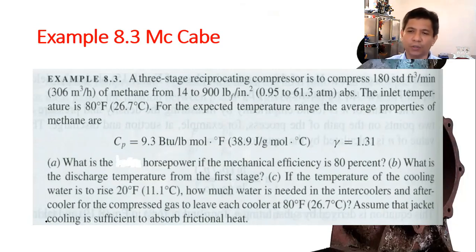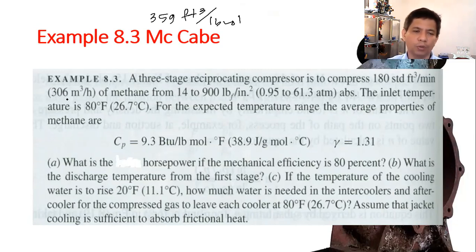And another thing, you can use the 359 cubic foot per pound mole. You can use this constant to convert this to pound mole, and then if you have the molar mass, you can easily convert this to mass flow rate.